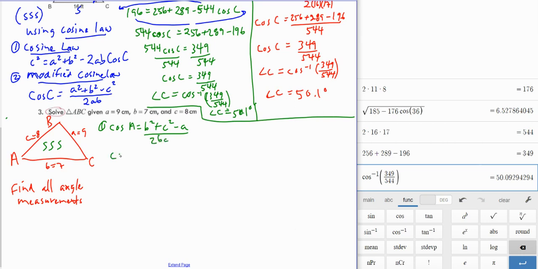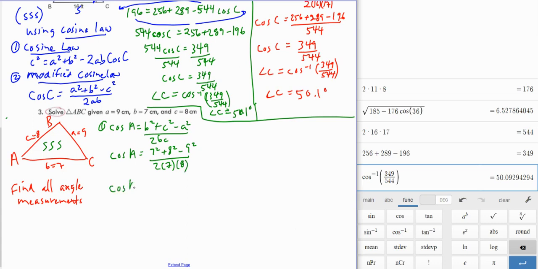So cos A equals, so B is 7 squared, C is 8 squared, A is 9 squared, over 2 times 7 times 8. What do we have now?